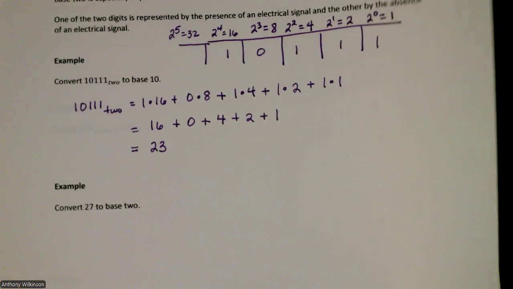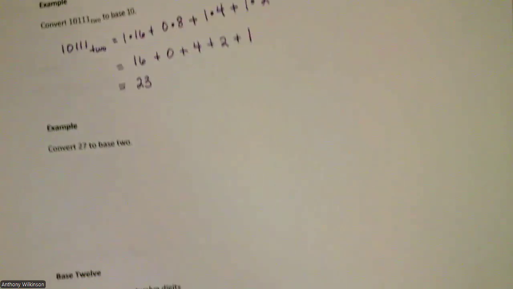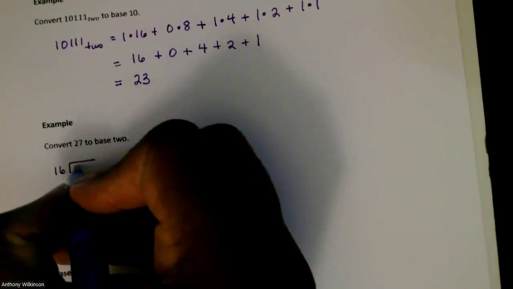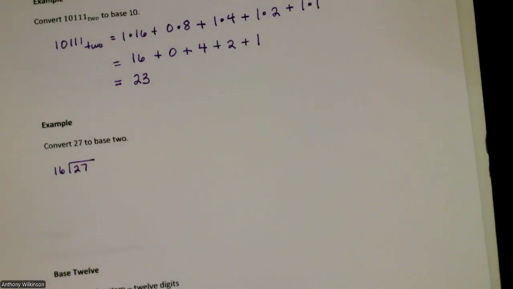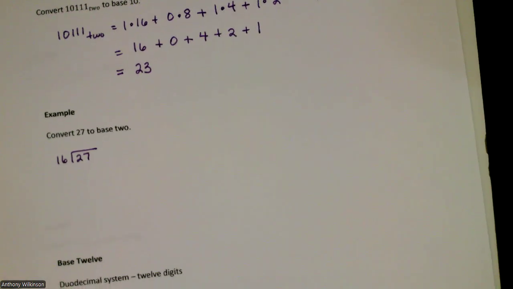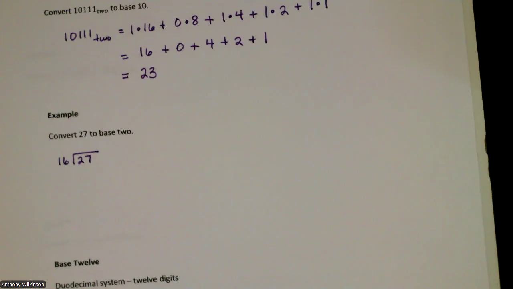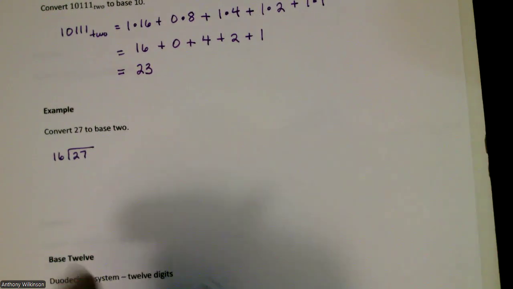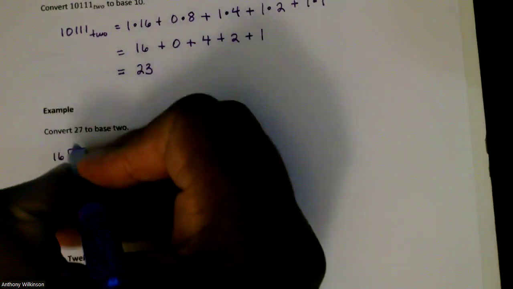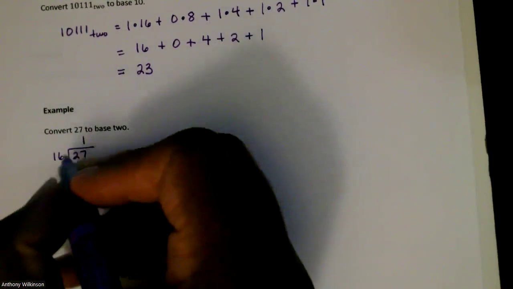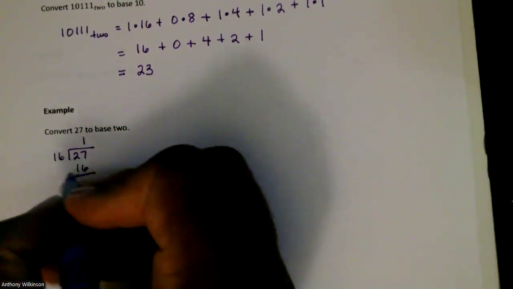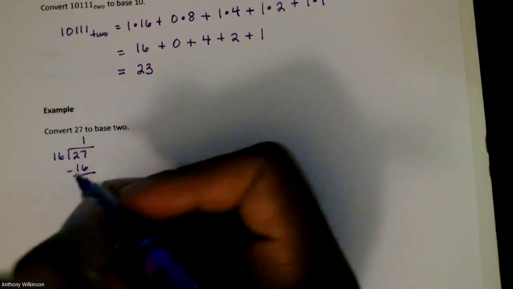So I can't use 32; I have to use 16. So I divide 16 into 27, because I'm using the highest power of 2 in our base 2 system. 16 goes into 27 1 time. 1 times 16 is 16. 27 minus 16 is 11.